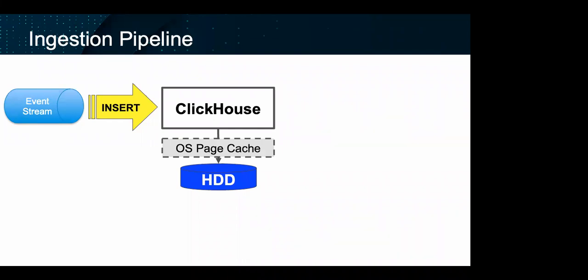In particular, there is the OS level page cache, and it turns out ClickHouse never does fsync. So if your data is inserted, it doesn't mean that your data has reached the storage. Potentially, if your ClickHouse crashes right after your insert has succeeded, then you may lose your data.